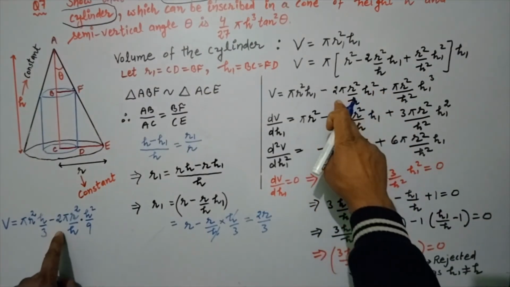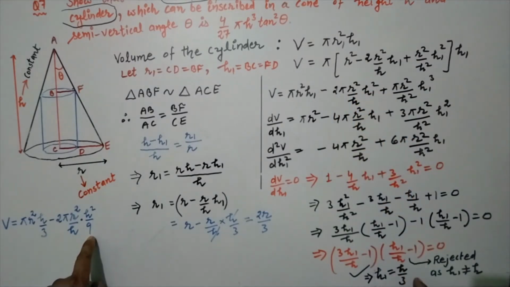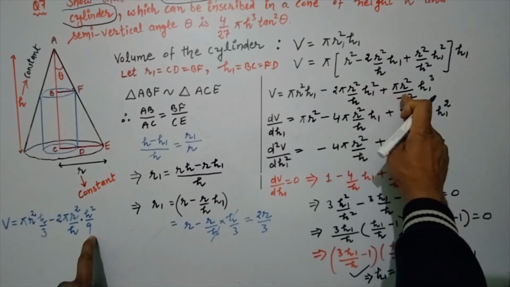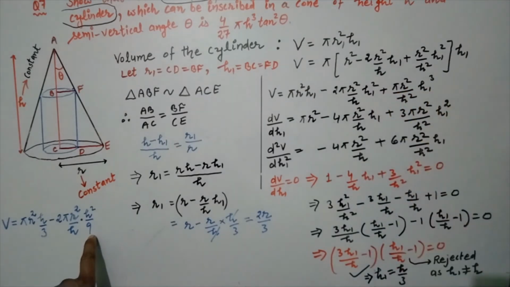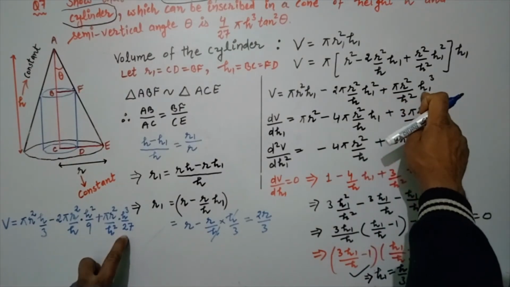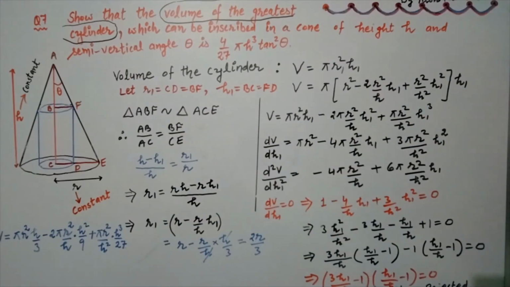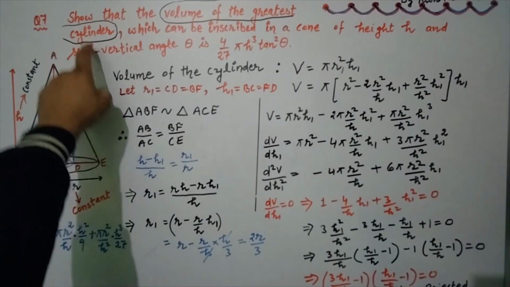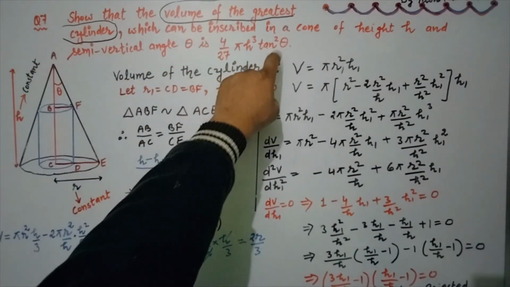Next term is minus 2 pi R square upon H into H1 square. So this becomes 2 pi R square upon H, H1 square means H square upon 9. The last term is pi R square upon H square into H1 cube. So this becomes pi R square upon H square into H cube upon 27.